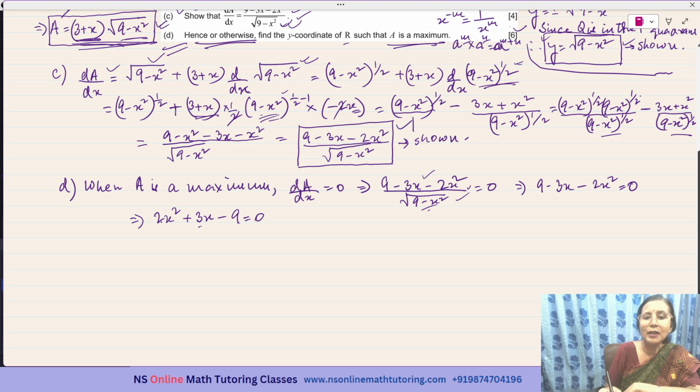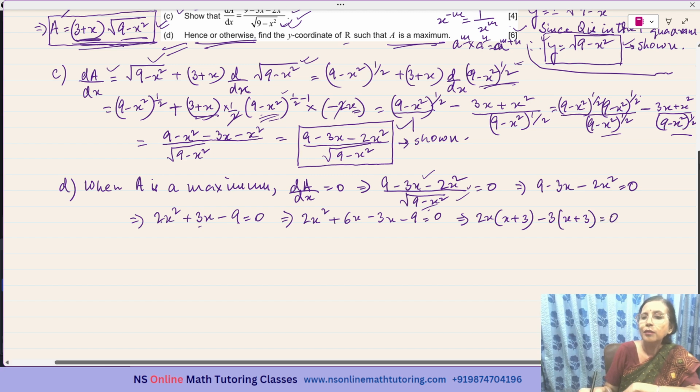And 6 minus 3 is 3. So we can factorize this, and we can write this as 2x squared plus 6x minus 3x minus 9 equal to 0. 2x times x plus 3 minus 3 times x plus 3 equal to 0.